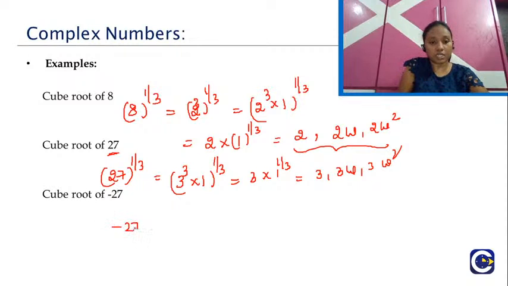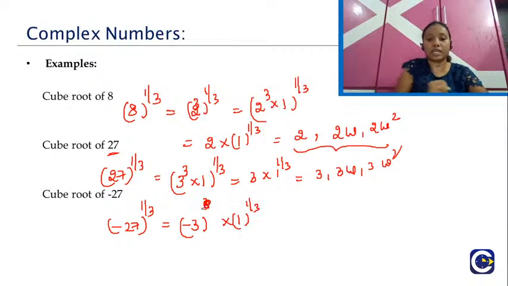So minus 27 whole power 1 by 3 will be minus 3 whole cube into 1 power 1 by 3. Yes, Ridhishri gave 3. So minus 3, minus 3 omega and minus 3 omega square.